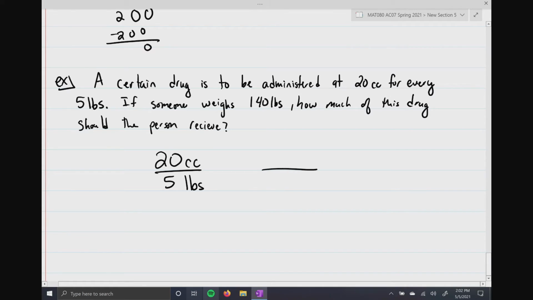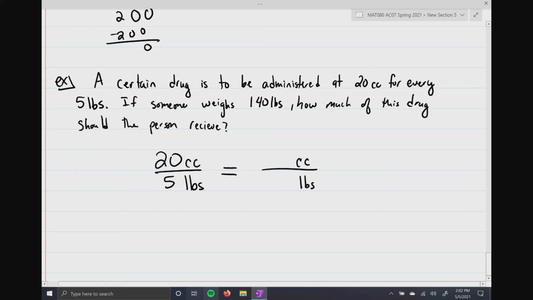And what I'm going to do is, because I notice I have a ratio in the first sentence and a ratio in the second sentence, I'm going to set them equal to each other, which is a proportion. And anytime I write a fraction equal to a fraction, I need to guarantee that the units match each other. So I'm going to have cc's in the numerator and then pounds in the denominator.